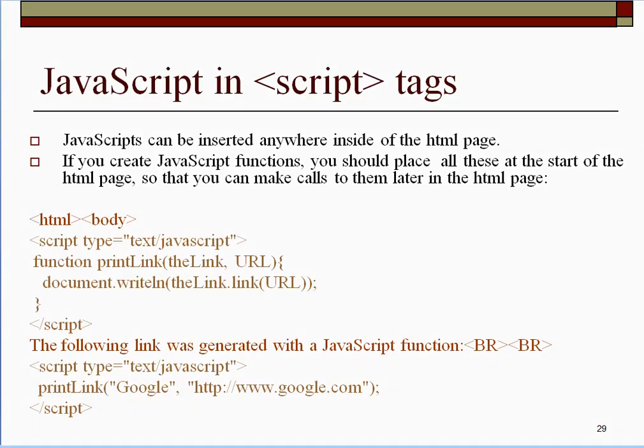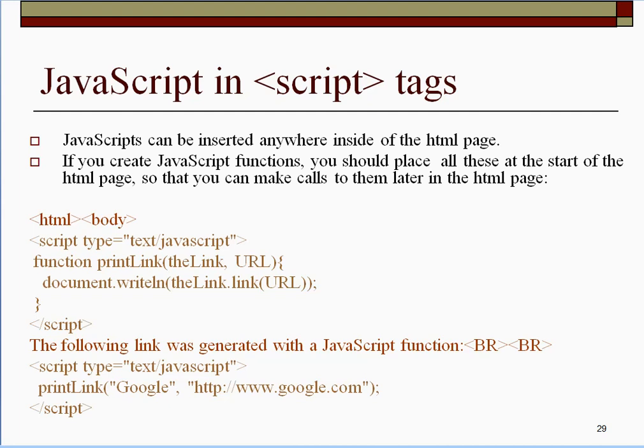As we already mentioned before, JavaScripts can be inserted anywhere inside of the HTML page, but if you create functions, it is good practice to place them all at the start of the document so that you can make calls to them later in the HTML page. You do not have to, but it's good practice.